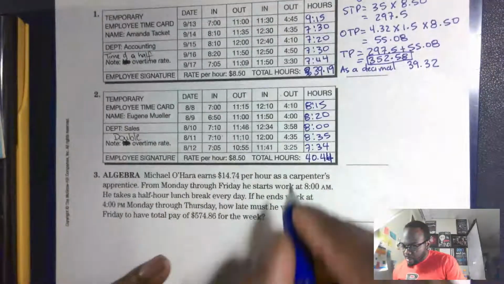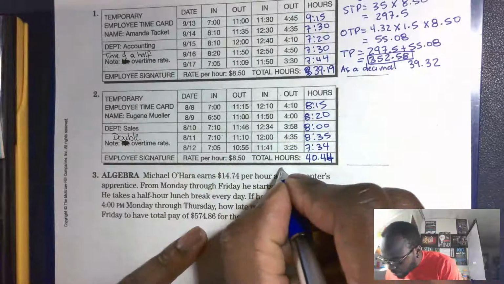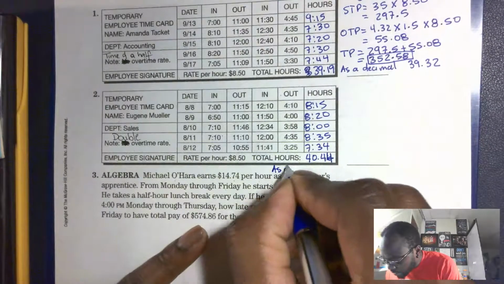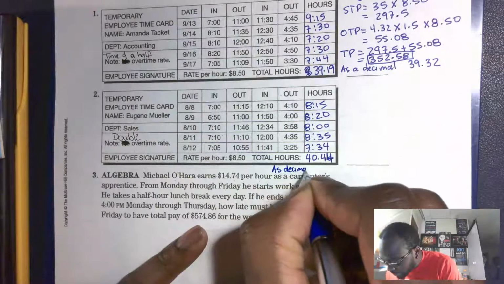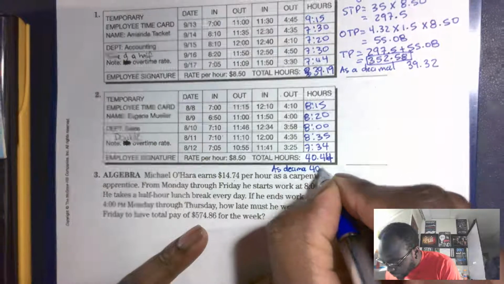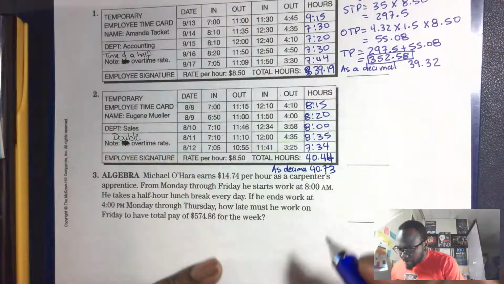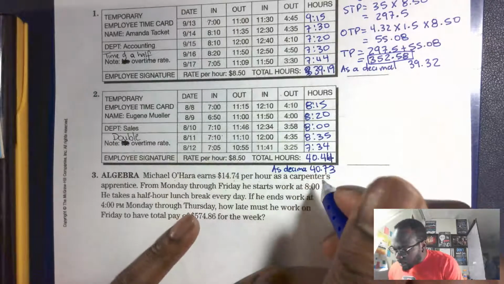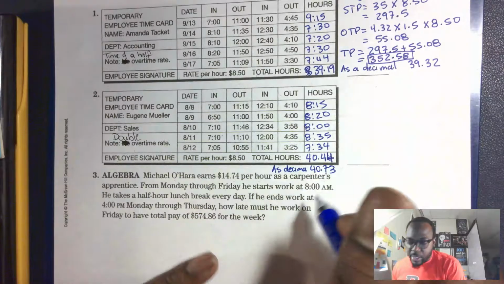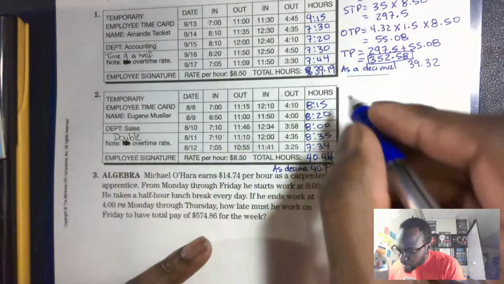So again I'm going to change this to a decimal. As a decimal, this is 40.73.